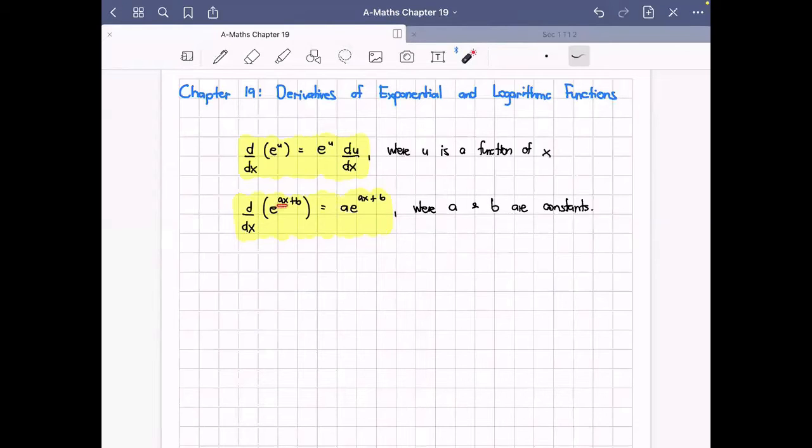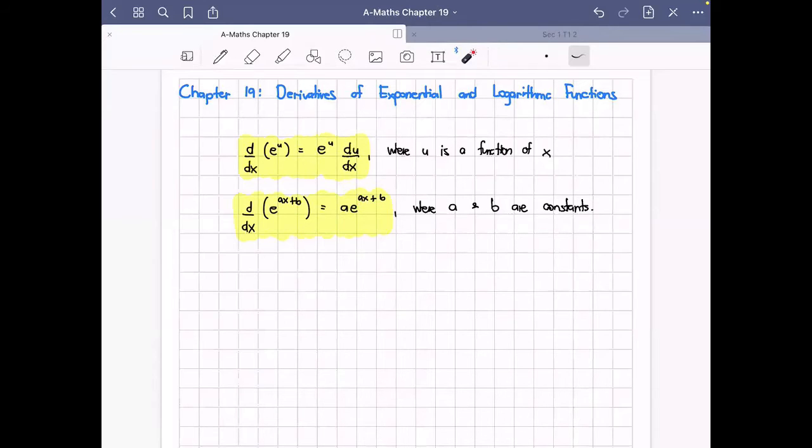It's just that this is an exponential function. So this a here will be multiplied in front of the natural logarithm, e, and then just write the expression again, ax plus b.